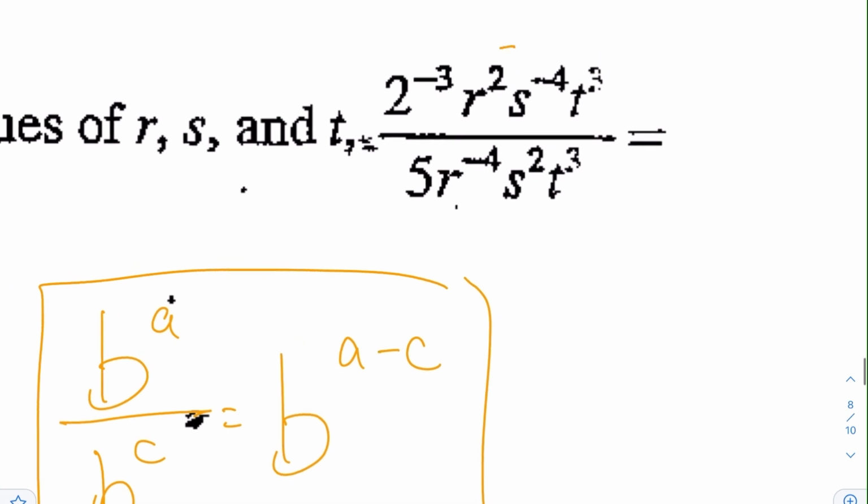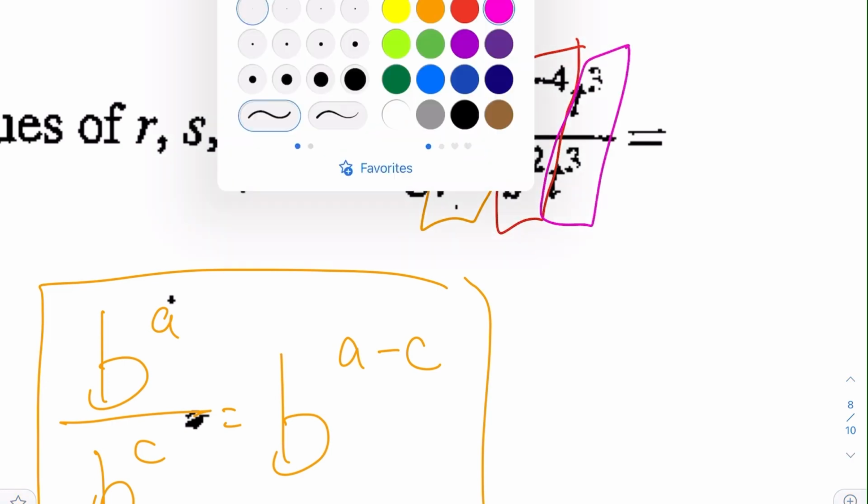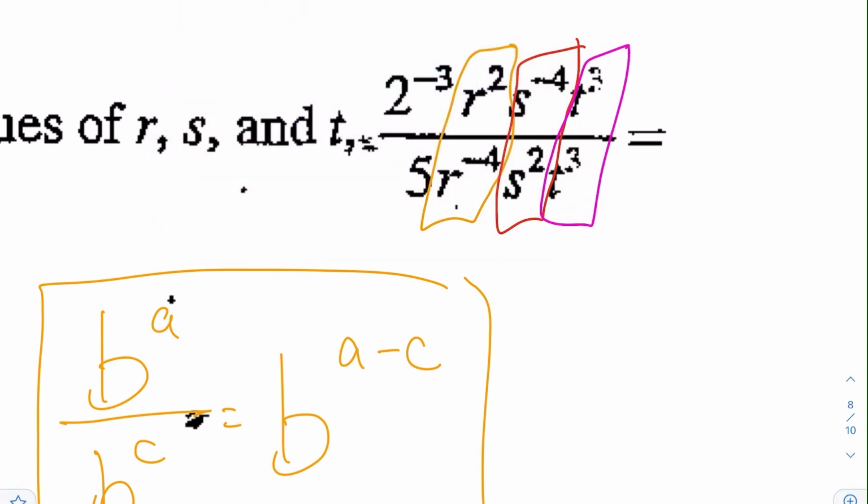So here you can actually treat the r's together, then the s's together, and finally the t's together. And then 2 raised to the -3, a negative exponent, b to the -a is 1 over b to the a. It's a reciprocal.